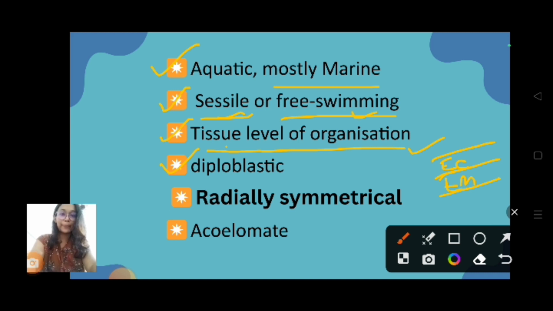Is it clear? Okay, then what type of symmetry? Radial symmetry you can see, means we can divide it into one or more planes and we will get two equal identical halves. So it is radially symmetrical. They are acoelomate, means there is no kind of body cavity, no coelom. Is it clear?